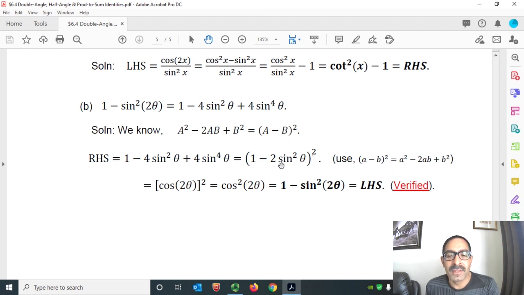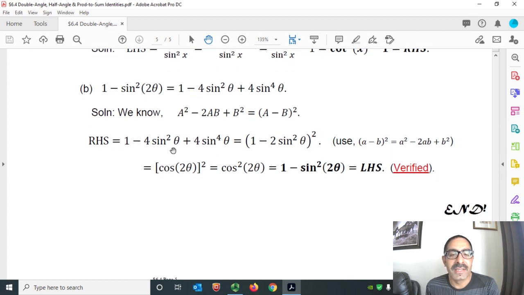If you FOIL the right hand side, you will get this left hand side. And in the next step here, again we know this formula. 1 minus 2 sine square theta is simply cosine 2 theta. Outside square as it is. So this outside square is the same as here, cosine square of 2 theta.